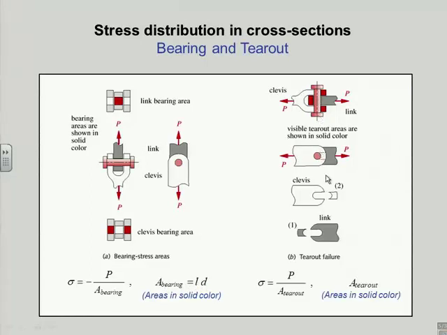Another possibility is that which is called tear out. I show it with a clevis here. And that means I'm going to literally rip this out by the roots. And one or the other, either the clevis or the link, is going to lose the end of the hole. And that's also a shear failure because I have to, in effect, slice out that little chunk on two surfaces. So I've got 2 times some area, and the area of the tear out will now be that area plus that area. But now again we have this issue, how do I measure that area?